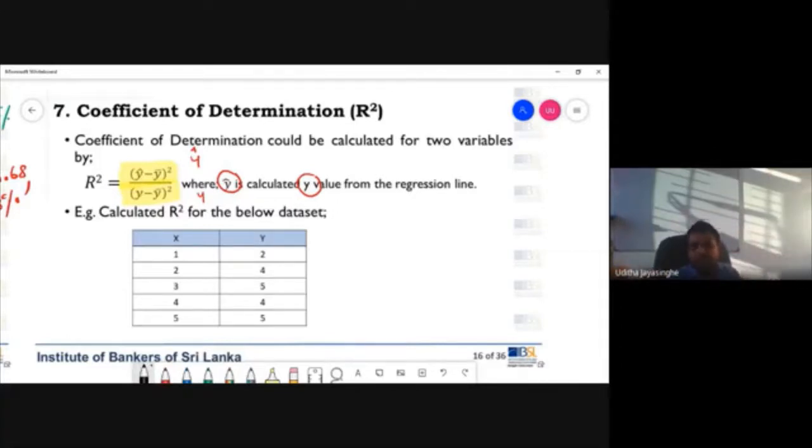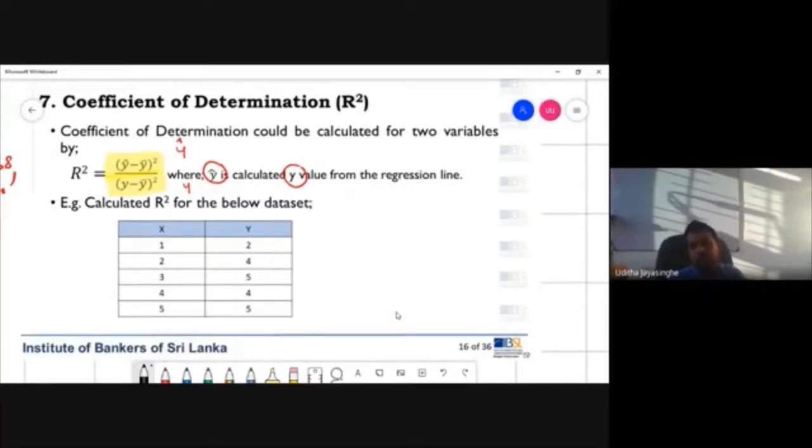Similarly, students, assume now this is the same previous data set, 1, 2, 3, 4, 5 and 2, 4, 5, 4, 5. If we use the same data set and try to calculate the R square, we will do it and wind up the class afterwards.